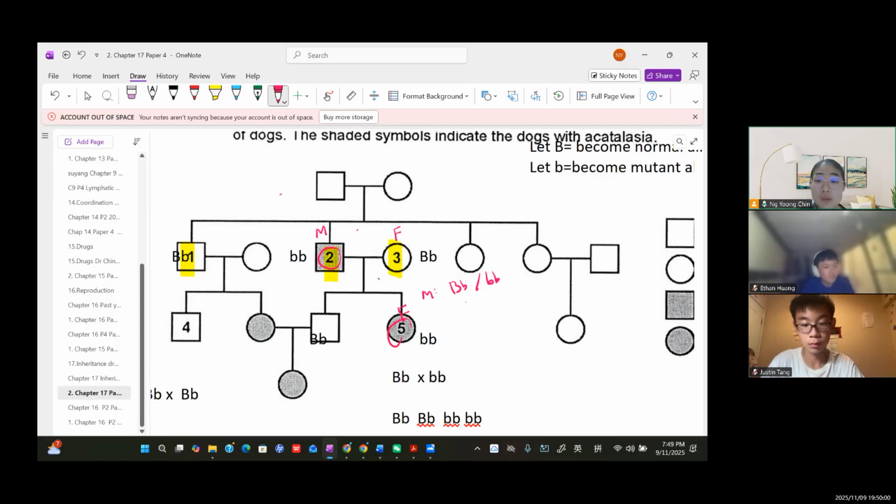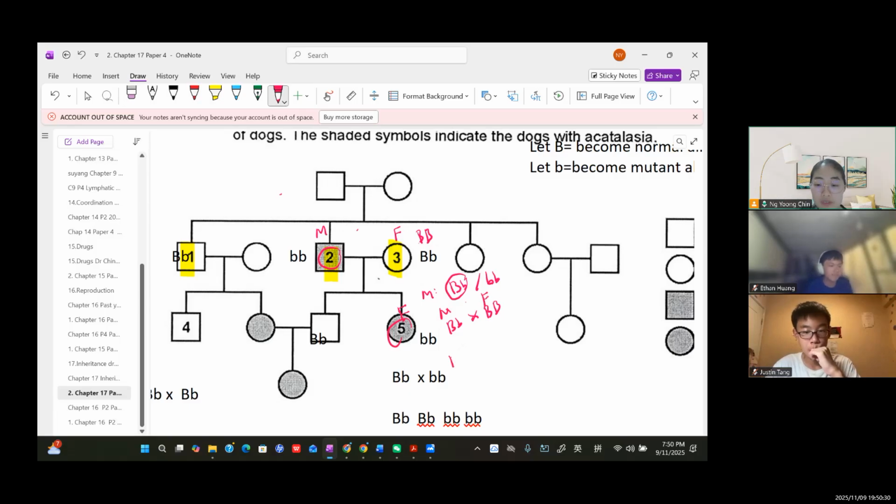For example, if I choose this and then mate with the female, I'm not sure if the female is this or this. If I try to choose this one and mate it, then look at the result you produce. This is the male part, and this is the female.